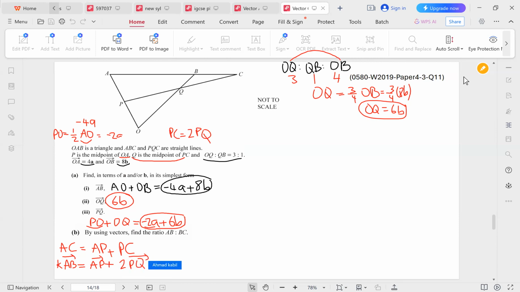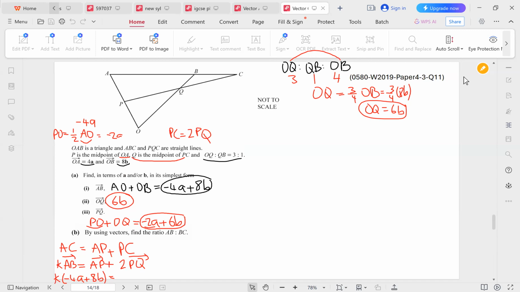Now let's write down the vectors. We have K, and then for AB, this is the answer to I. So this is negative 4A plus 8B. And then this is equal to AP. And we already know AP because AP is simply the half of AO. So half of AO would be negative 2A.